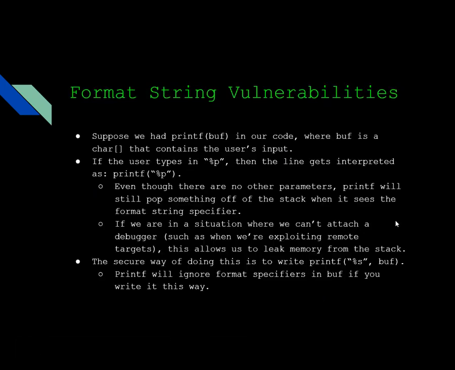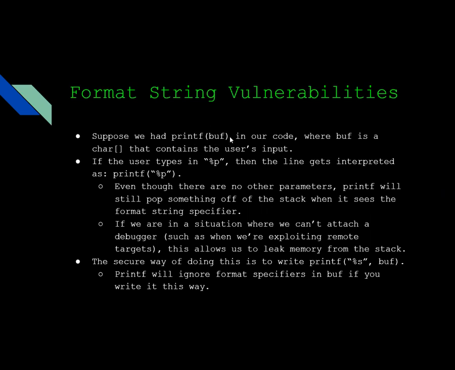So for format string vulnerabilities, basically the way they work is whenever we have something like this, where one of the printf functions directly prints out an input buffer, this is what causes the format string vulnerability right here. Whenever we see this line, we know that we have a format string vulnerability.